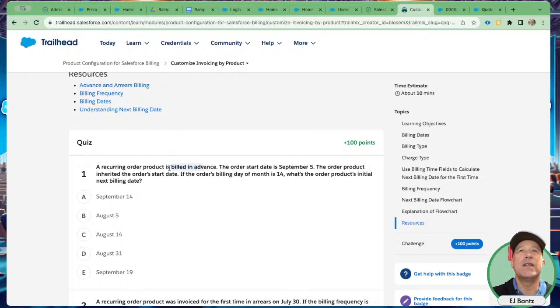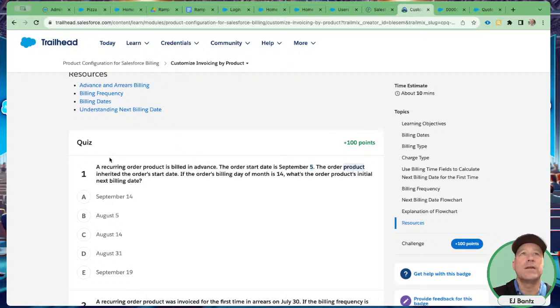So it's billed in advance. So they bill first and then you get the service and then it's going to bill again. So the order started on the 5th. But the product inherited.